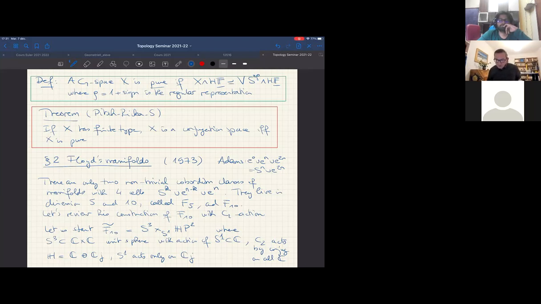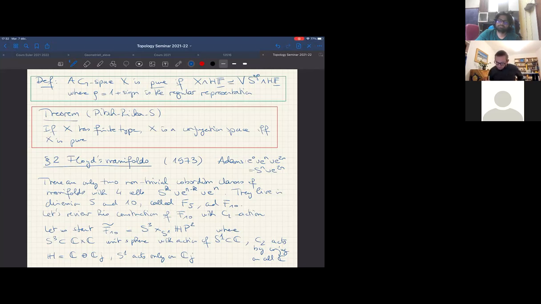There might be other models, but that's already what Floyd does. Maybe shifting the J on the other side, but we decided to do it this way. And so the only thing we added here is the conjugation action on every copy of C. But yes, that's correct. S1 acts on every copy of the quaternions.